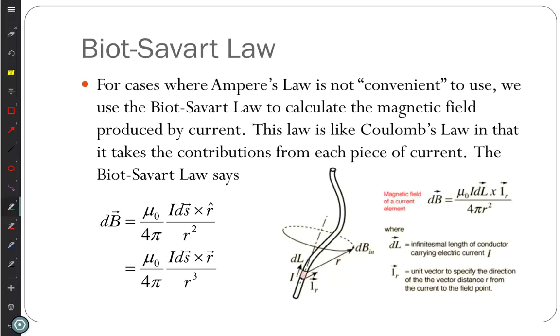The Biot-Savart Law, when you look at that, I know when I look at that, I won't cast my feelings onto you, but when I look at that, that scares me. Because I have dB is equal to blah, blah, ds cross r hat. And I'm like, you're kidding me, right? I have to do an integral over a cross product?